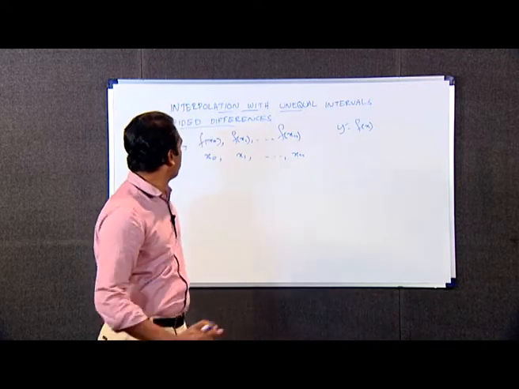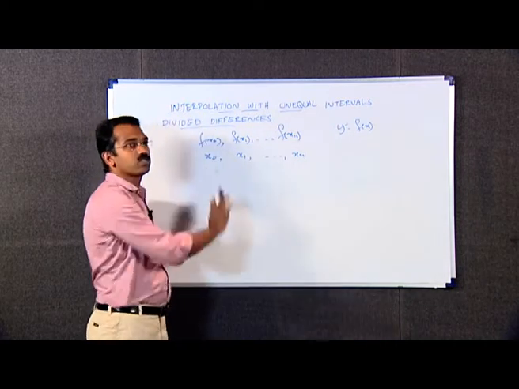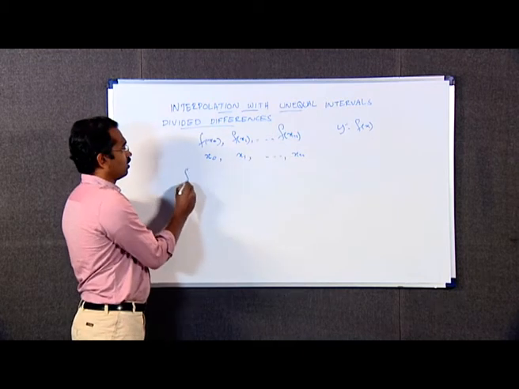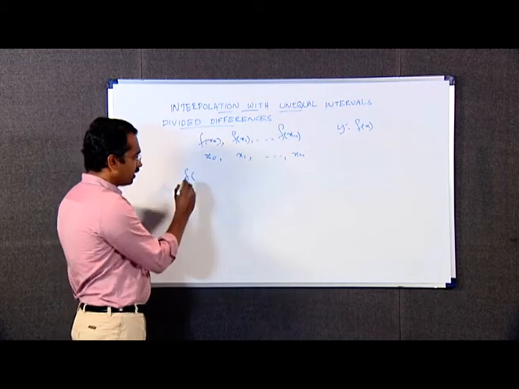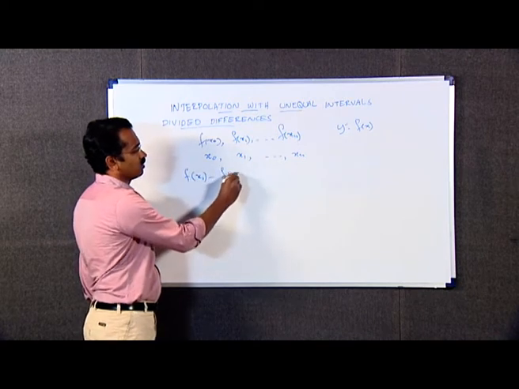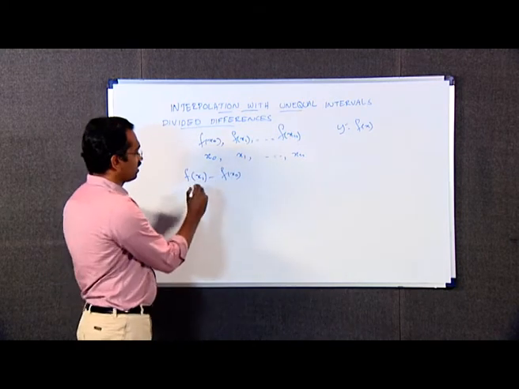The first order divided difference of f of x corresponding to the arguments x naught and x1 is defined as f of x1 minus f of x naught divided by x1 minus x naught.